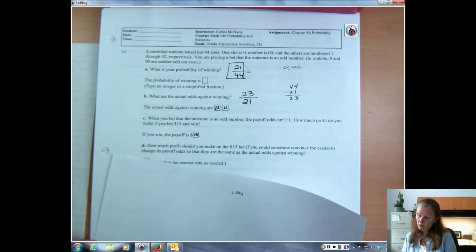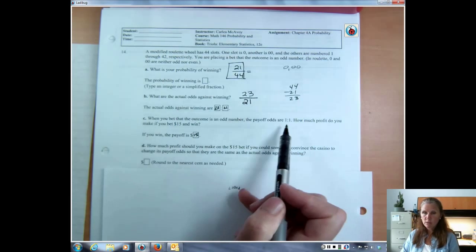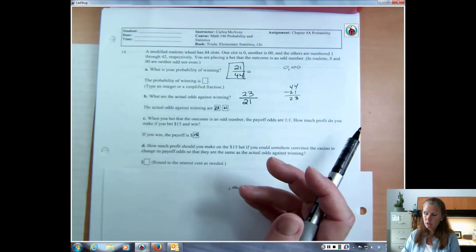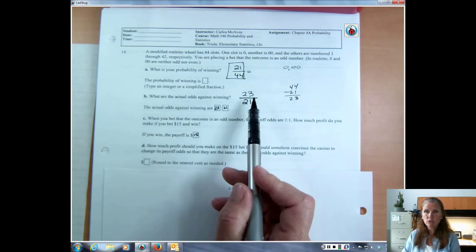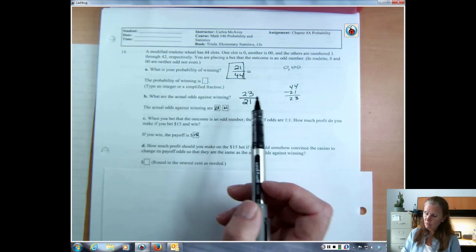Okay, so this is what they're saying. If you win, the payoff is 15, but you bet 15. 1 to 1 means whatever you pay, they're going to pay you back the same. You're not making any money. You won. You had a better chance of losing, but you won, but you still didn't get anything. Oh, that's in the casino's favor, right?